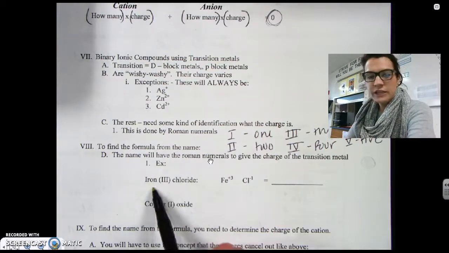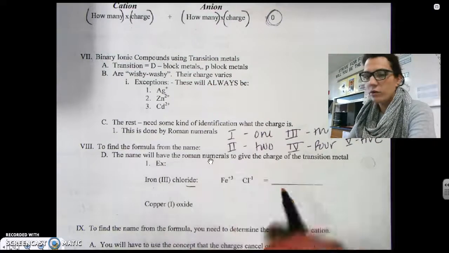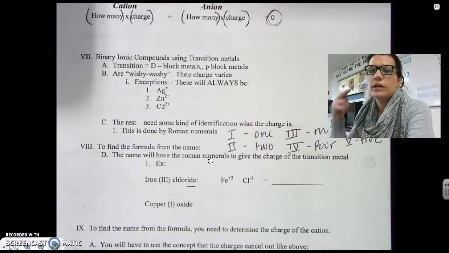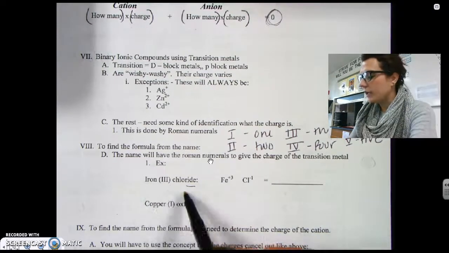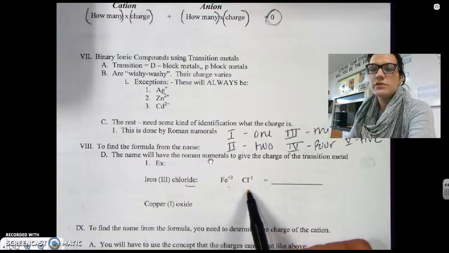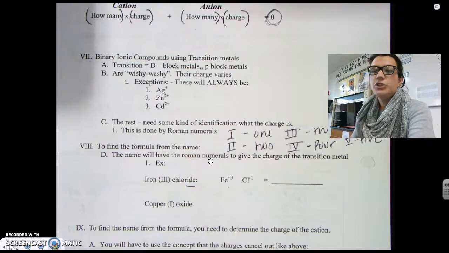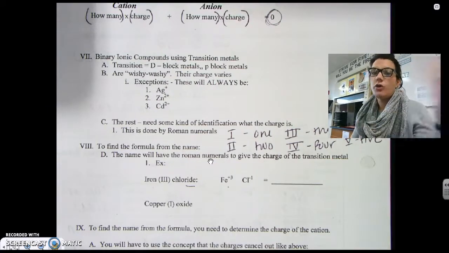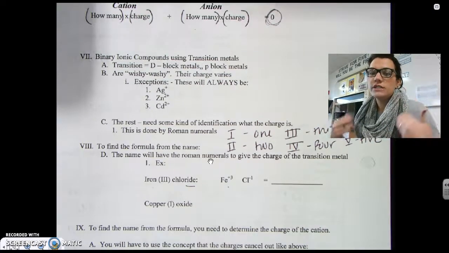So iron 3 chloride. Okay, so binary chloride just means that it's Cl. So I'd go off the periodic table. Okay, so iron is going to have a +3 charge, where chlorine has a -1 charge because it's in group 17. Now just like we did with the known charges, we ask ourselves, do the charges cancel?